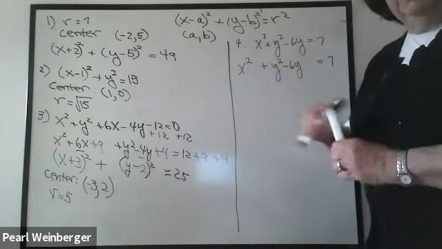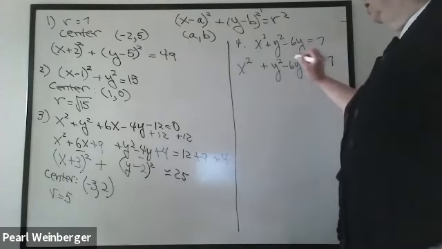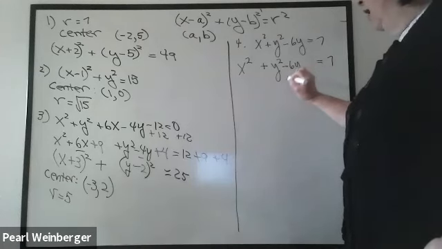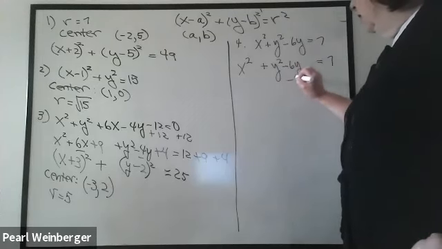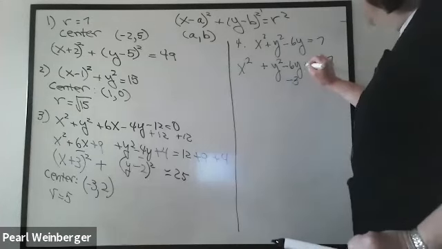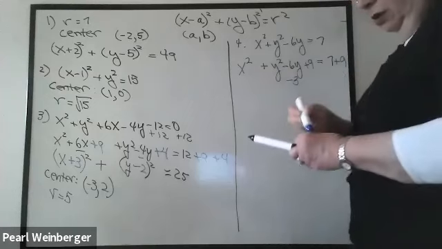It requires no further work. But the y does because there is a y term, which we take the half of the coefficient. Half of -6 is -3. -3 times -3 is plus 9. So I have to add 9 to both sides.